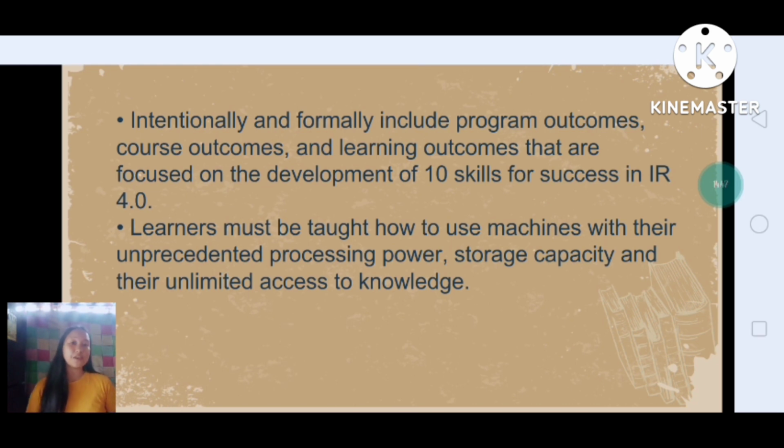It also teaches learners how to use and operate machines, as well as use humans' unlimited access to knowledge in order for the machine to work and improve.